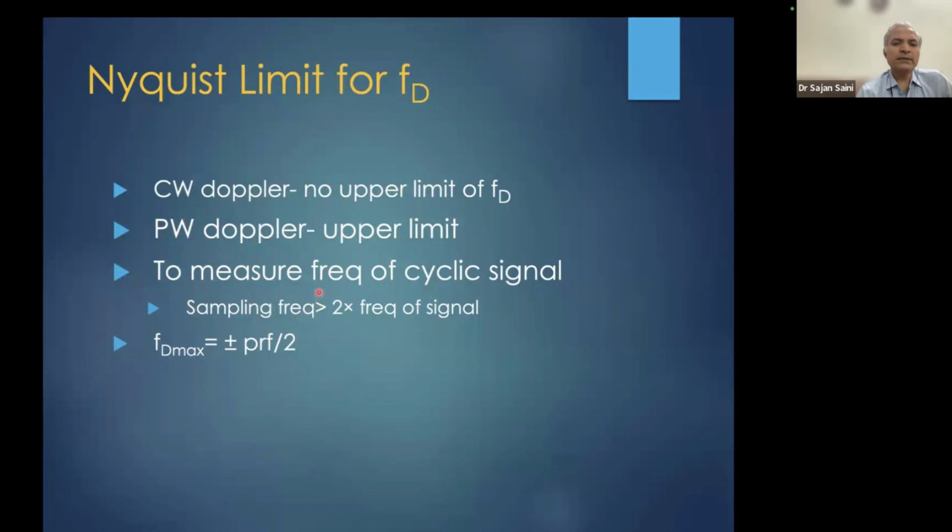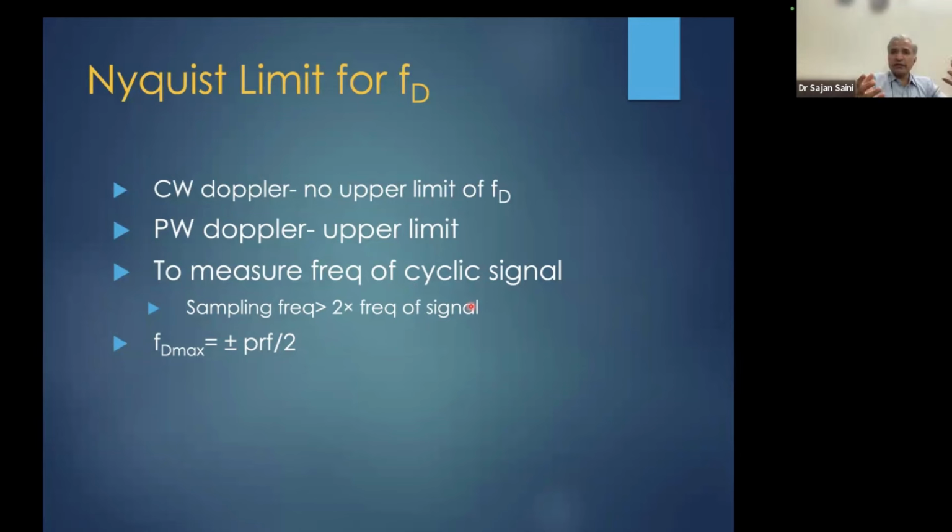Basically the sampling frequency, the frequency with which the waves are sent inside, or pulse repetition frequency, is the frequency with which these waves are sent inside the tissue. So that should be more than twice the frequency of the signal. Blood is coming from here, and I am sending the volume of pulses. So the frequency of my sent signal should be more than twice the frequency of the signal which is coming from the other direction.